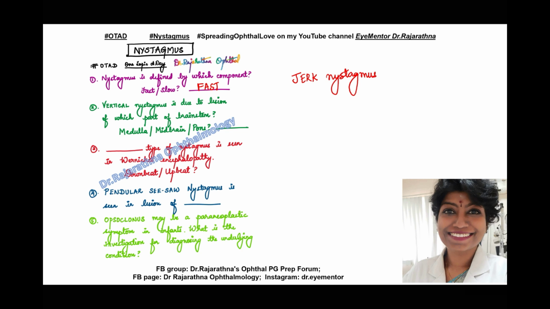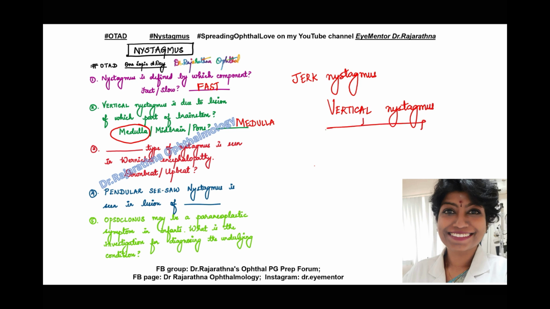Now number 2, vertical nystagmus is due to lesion of which part of the brain stem? Medulla, midbrain or pons. It's most commonly the medulla. Now when we say vertical nystagmus, it could be of 2 types.